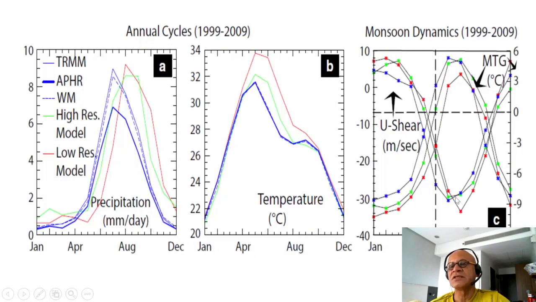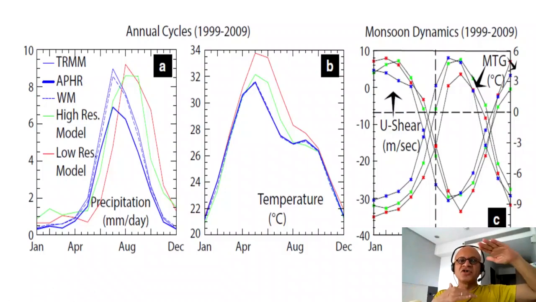So you can say that overall there is an improvement in the circulation in terms of the meridional temperature gradient and the vertical shear, both of which are related to circulation and diabatic heating and so on and so forth.